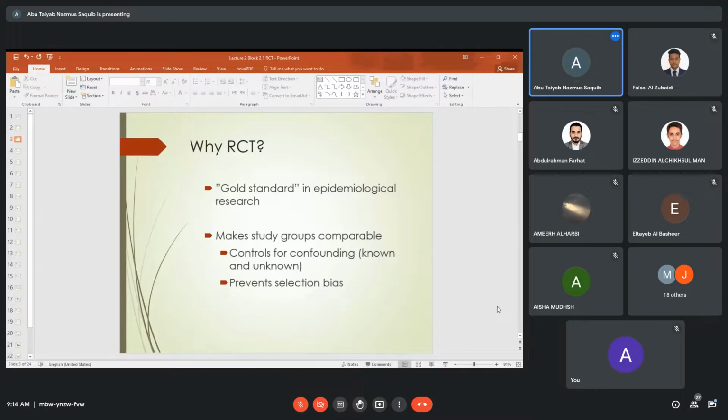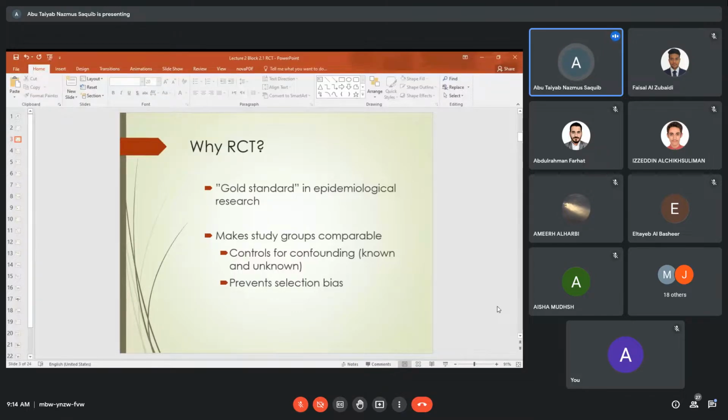Most other designs can control the confounding, but in a very imprecise, imperfect manner. But in an RCT, we control for confounding through randomization. Because randomization, if done properly, makes the intervention and control groups similar in every respect.